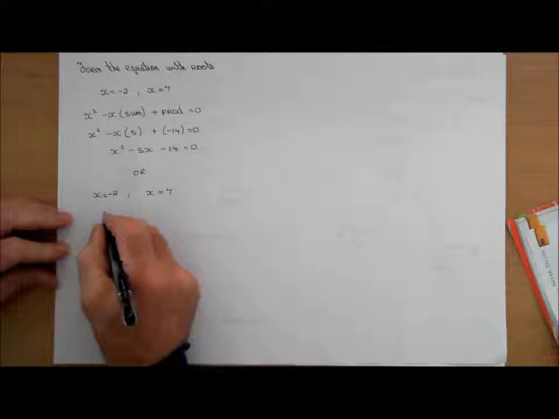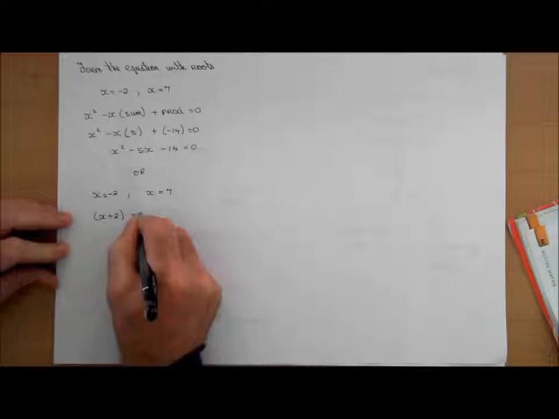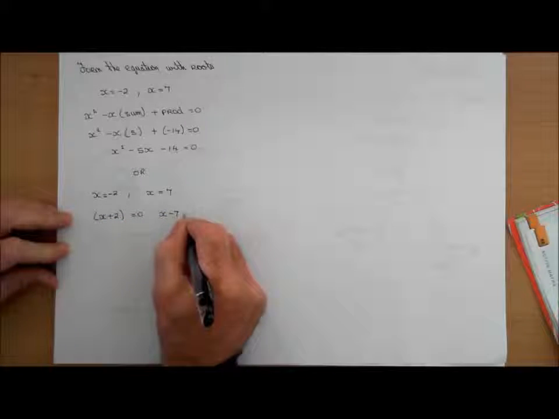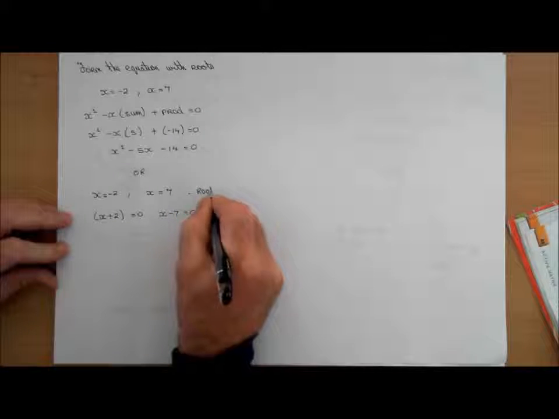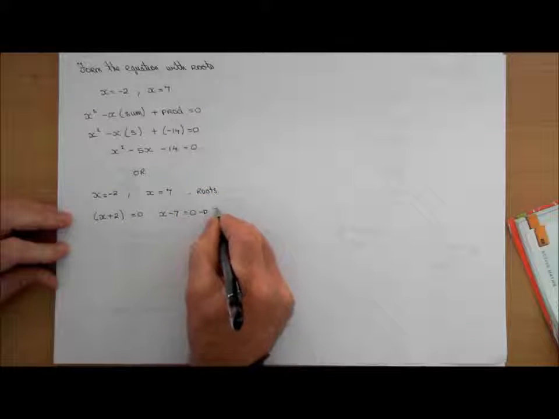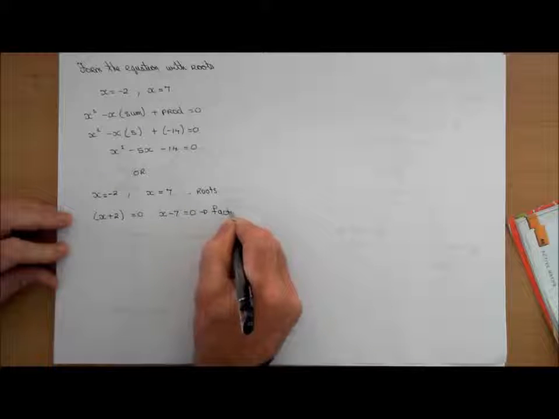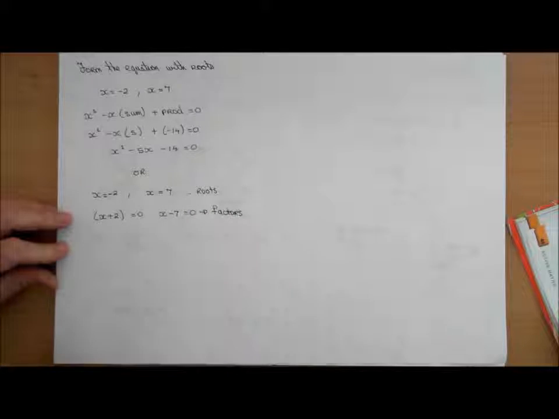X equal to minus 2. That means x plus 2 is equal to 0, or x minus 7 is equal to 0. If they're the roots, what are they? They're the factors. Yes?